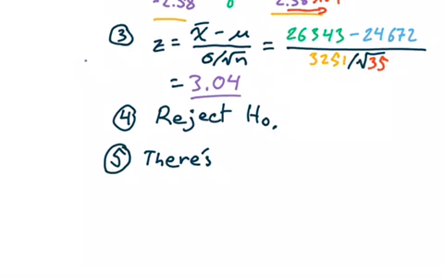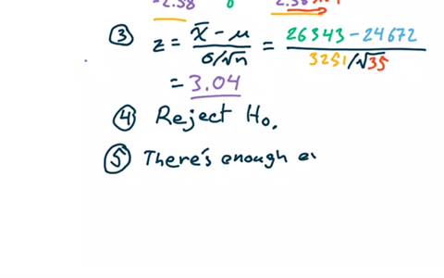and essentially at this point in time we want to think back to what was our claim. The claim was that things are different at this particular hospital. The rehabilitation cost at this particular hospital is different from the national average, which I think they gave us, 24,672. So there's enough evidence. This is the part I always hate because I write everything out.